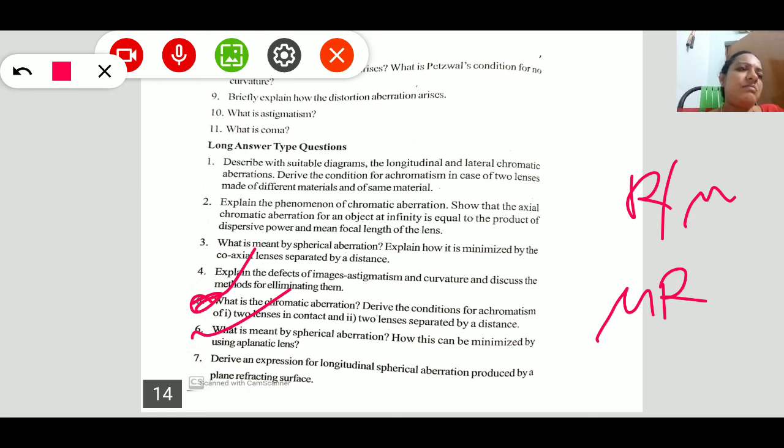For curved we directly use that formula. So you have to derive the equation for the spherical aberration by a plane refracting surface.